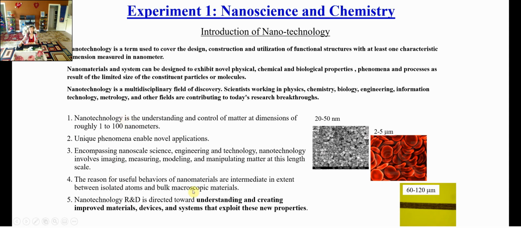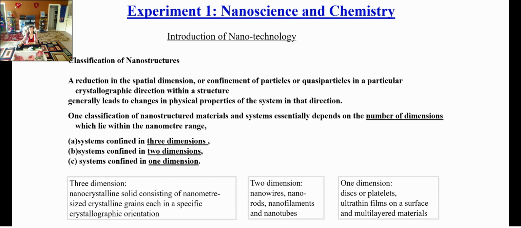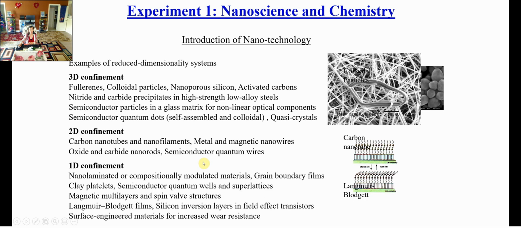Nanomaterials have different applications, so particularly you can use them in the energy field, in the biological field, in the medical field, et cetera. And then nanoscience also provides different classifications of nanostructures. Generally speaking, you have three-dimensional, two-dimensional, and one-dimensional nanomaterials.